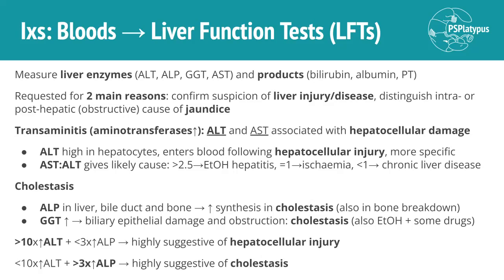And if it's less than 1, so there's more ALT than there is AST, then we're looking at things like chronic liver disease. So for instance, damage to the liver due to toxins or viruses. Okay, or I think non-alcoholic fatty liver disease. So that's transaminitis. AST and ALT, they're raised in damage to the actual liver cells.